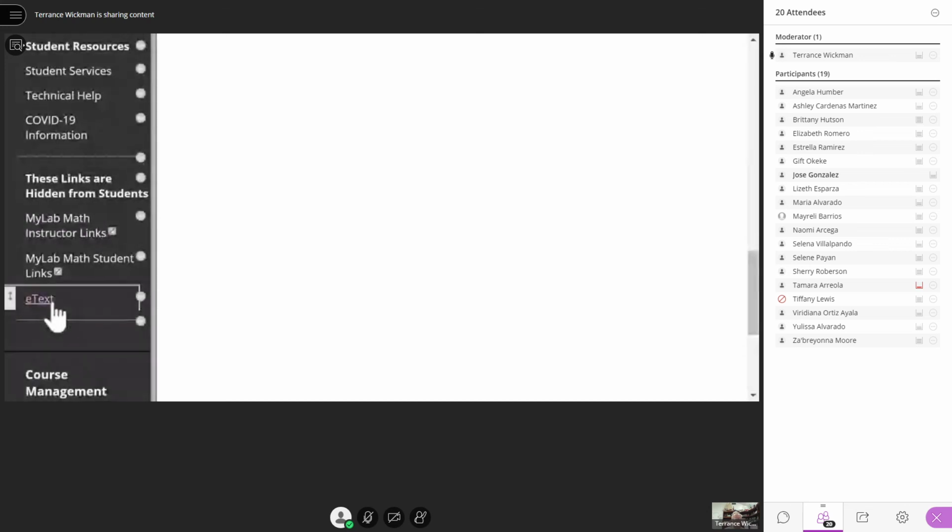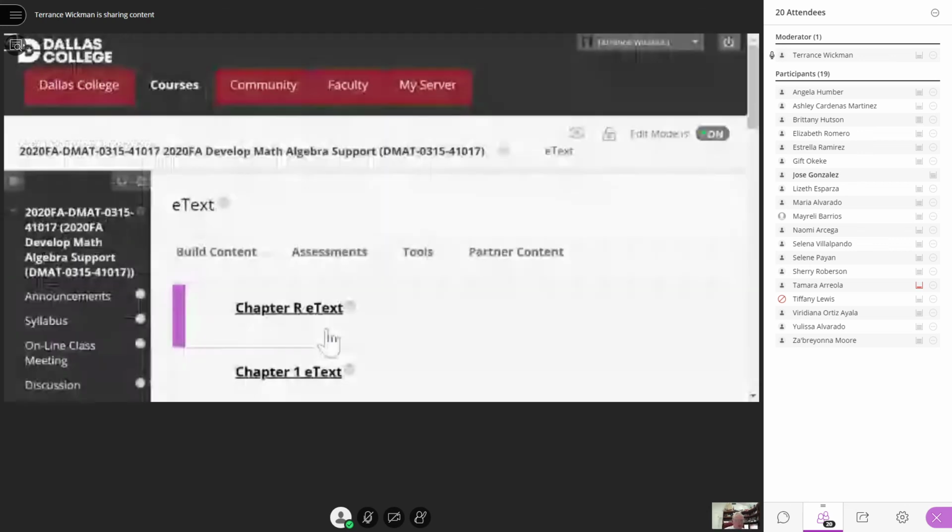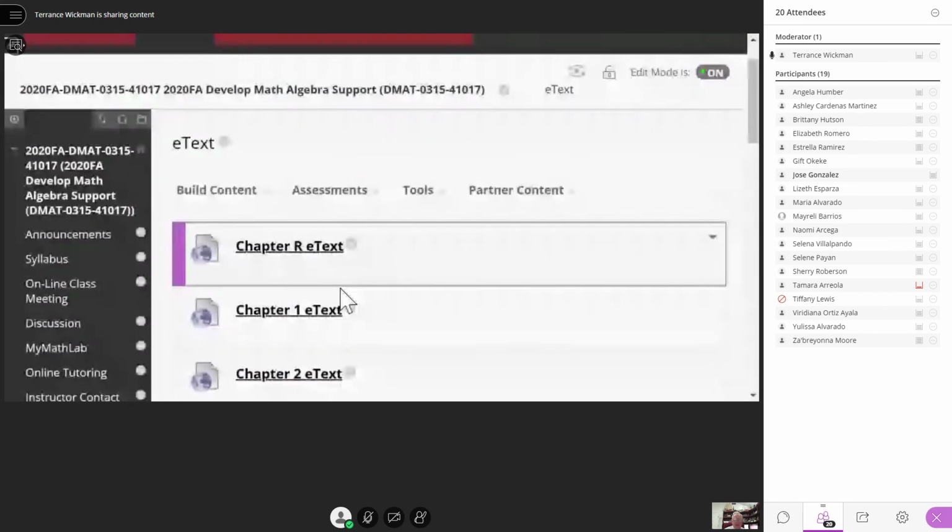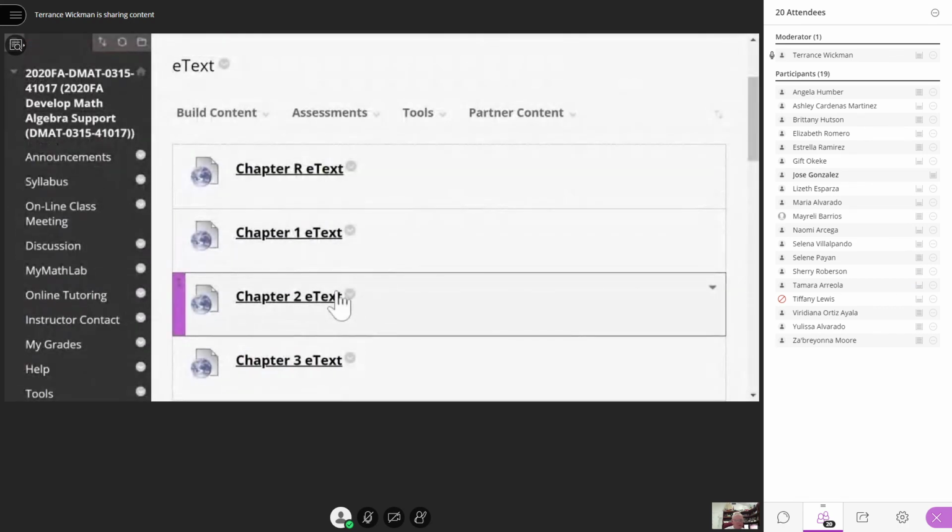Pulling it up, some of these books are just painful online. We said we're on 2.5, so we're going to go to 2. This is the painful book.